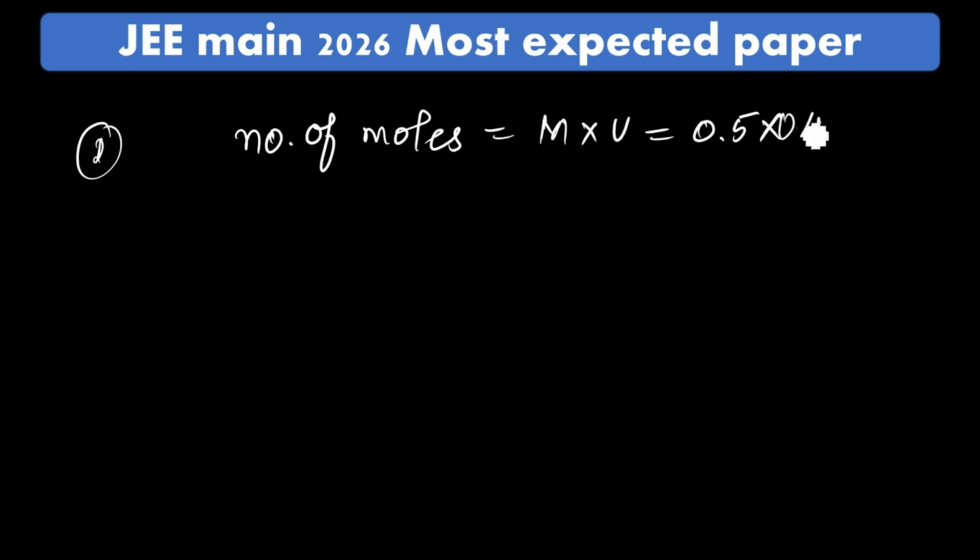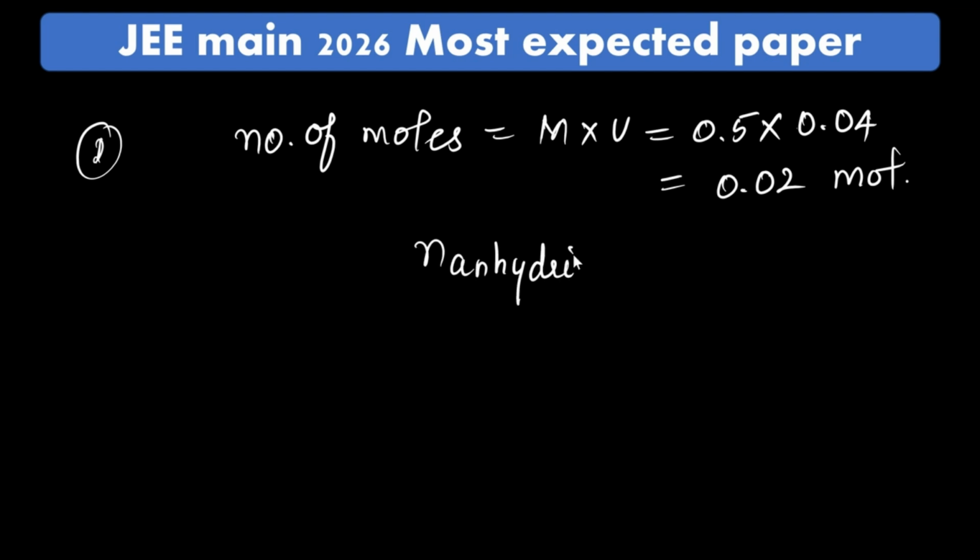Convert that to liters, you get 0.04, so which will be 0.02 moles. That is the consumption of NaOH in the blank. So how much anhydride must be consumed over there? The number of moles of anhydride in the first step is half of it, because anhydride consists of 2 acetic acid, so which is 0.01. Okay, this is clear.